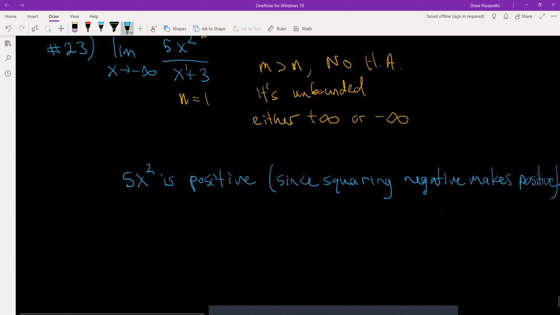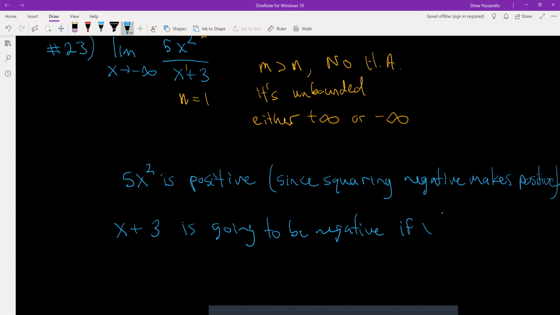Now the denominator, x plus 3. If I plug in a really big negative number for x, like negative 1,000 for instance, and you add 3, it's still going to be a really big negative number. So that's going to be negative if x is negative.